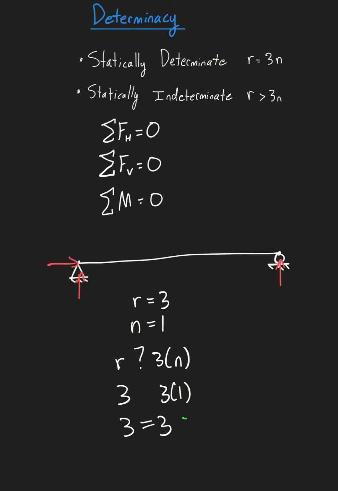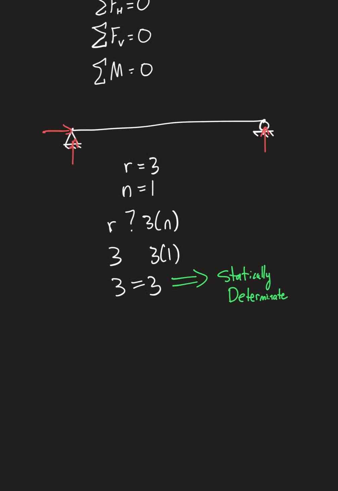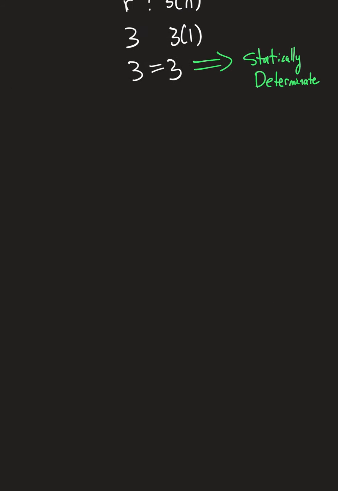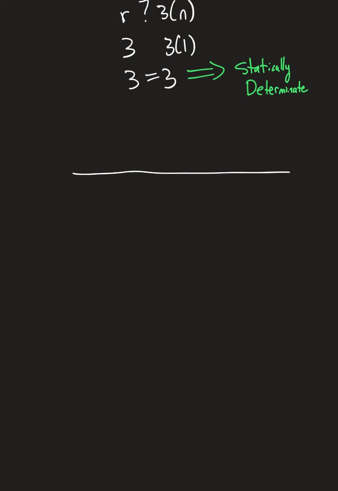So we'll say this is statically determinate. So when would you have a statically indeterminate problem? Well, that might be a beam that is fixed on one end and has a roller on the other end.